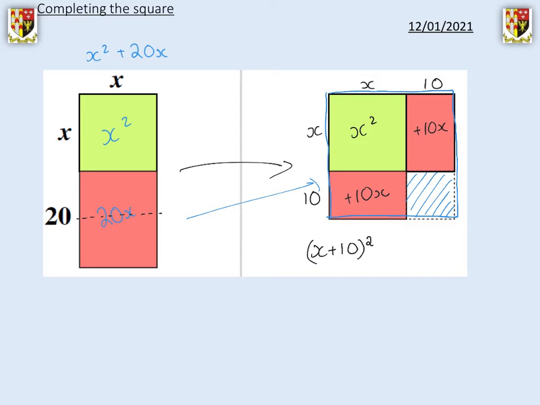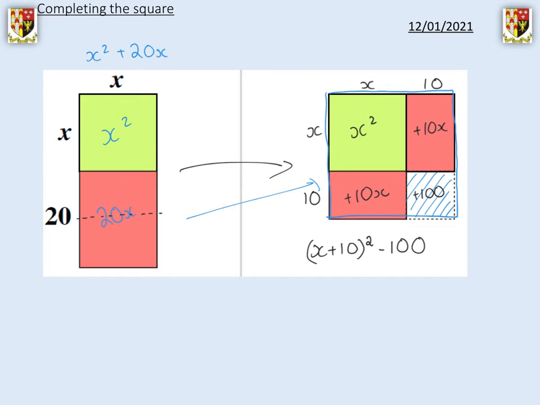So I'm going to need to take that away if I'm going to say that they're the same. So the area of that missing part would be 10 times 10, or 10 squared, which is 100. So therefore, if I want these two to be the same, I need to get rid of that 100. So I'm going to subtract the 100 there. And that's all that's happening.